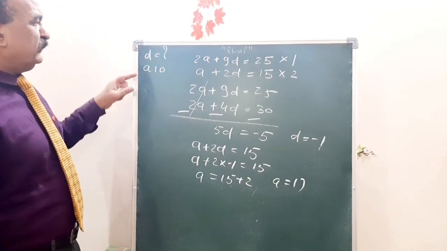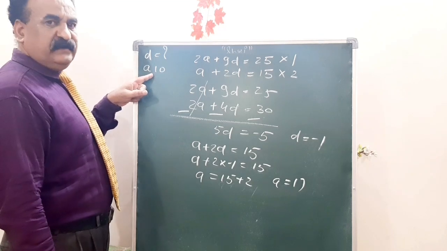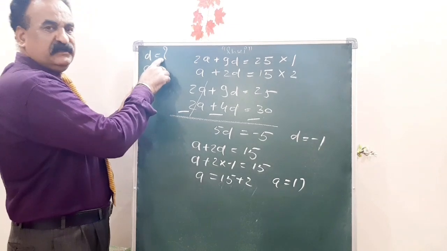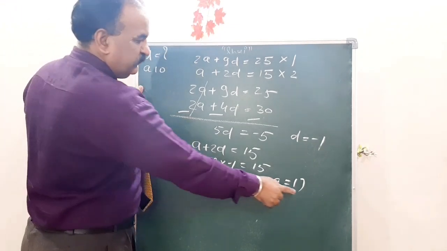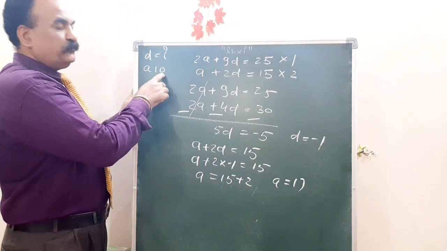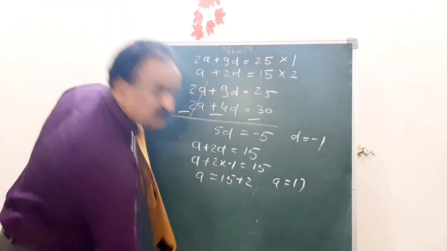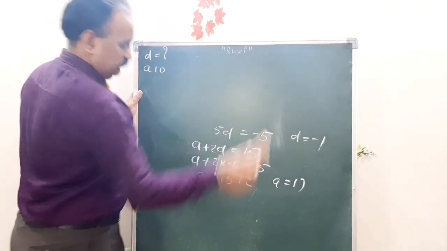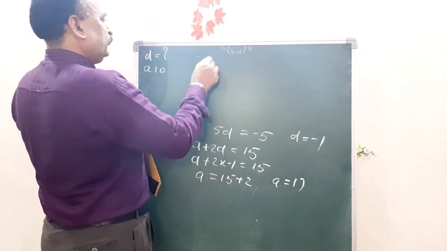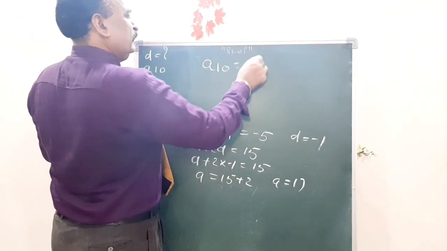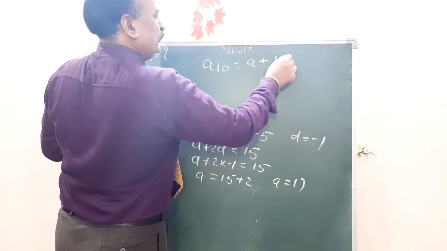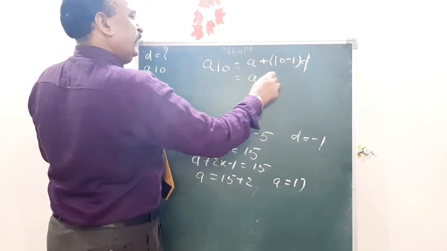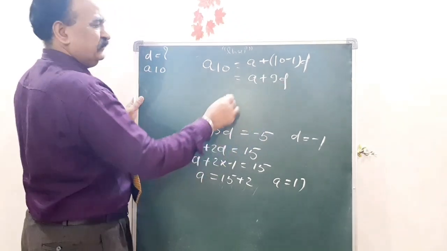Now what you have to find? A10. D you already got: D is minus 1. Now A is 17, and you have to find A10, the 10th term. Let us see how. A10 is equal to A plus (10 minus 1) into D. It means you can write A plus 9D.